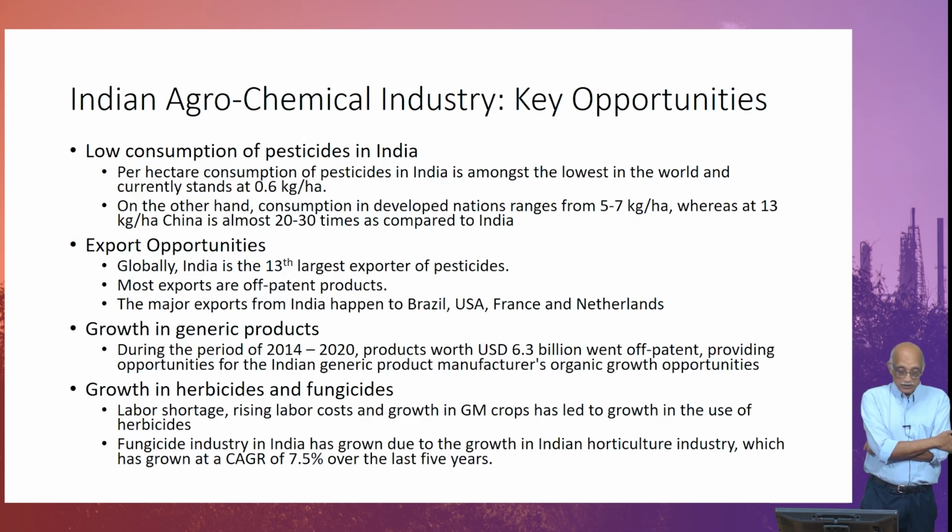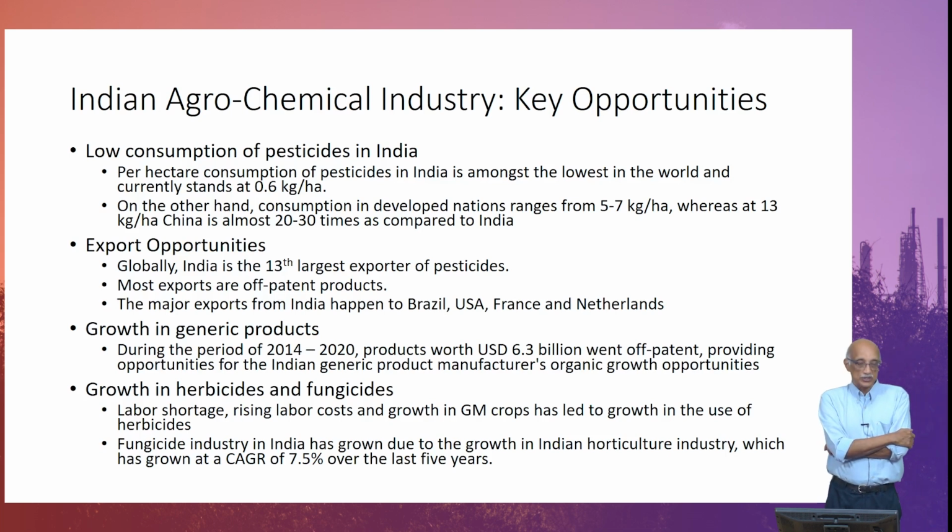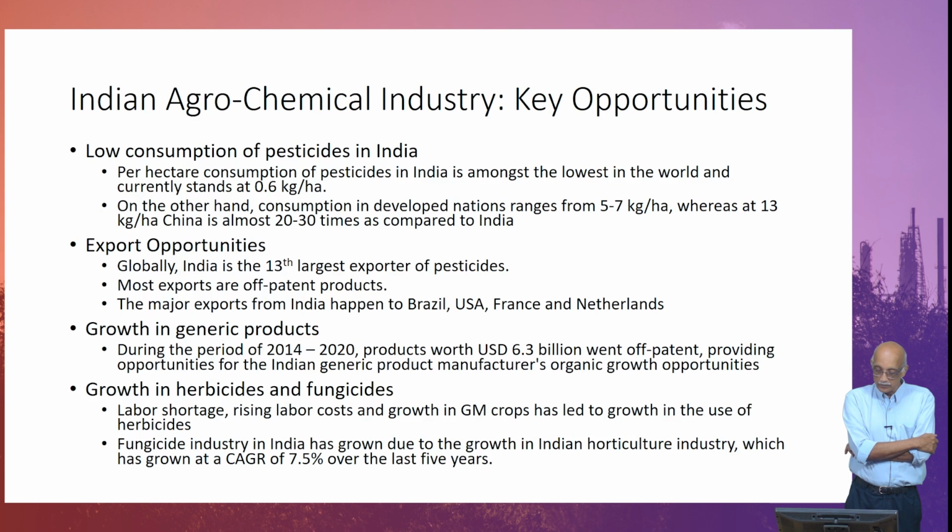The opportunities are, currently there is low consumption of pesticides in India. It can be grown. Export opportunities. Right now, India is the 13th largest exporter of pesticides. Most of these are off-patent products, and most of our exports are to Brazil, USA, France, and Netherlands. So clearly, you can grow this.